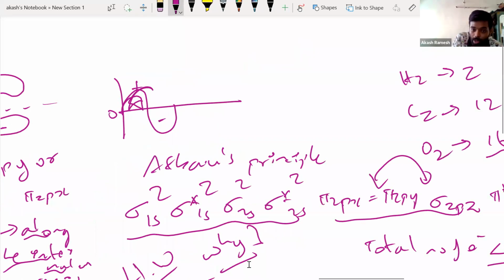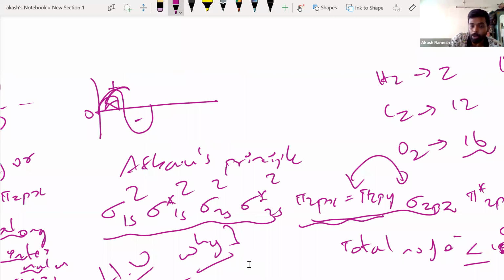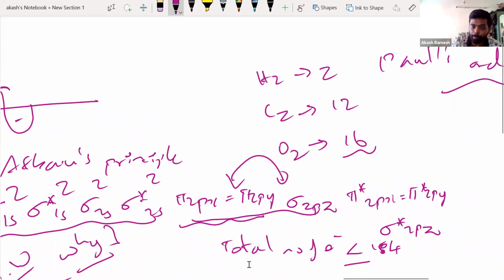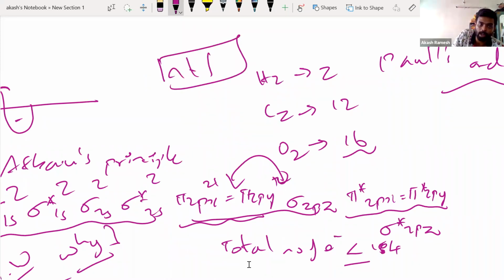But when you go to equal energy orbitals, that is pi 2px equal to pi 2py, or pi star 2px equal to pi star 2py, first you have to put 1, 1, then you make it 2, 2. Just how we do with p orbitals: 1, 1, 1, then we put the pairing. Same way here also, first I'll put 1, another 1, then I'll go for pairing. Other things are fine, you can directly put 2, 2, 2, 2 everywhere. This alone, be very careful.